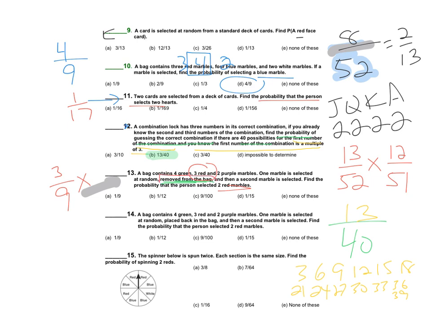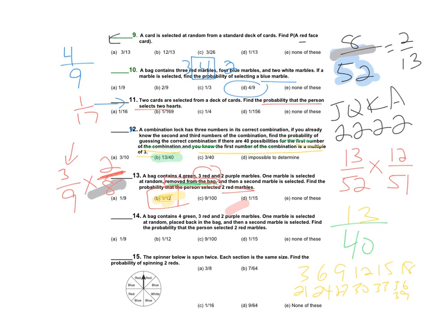So the first marble is removed from the bag, which means now you're down to 8 marbles left for the second pick. And you got one of the 3 red marbles on the first pick, which means you're down to 2 favorable on the second. So here you have 3 over 9 times 2 over 8, or if you do it on your calculator, 1/12.